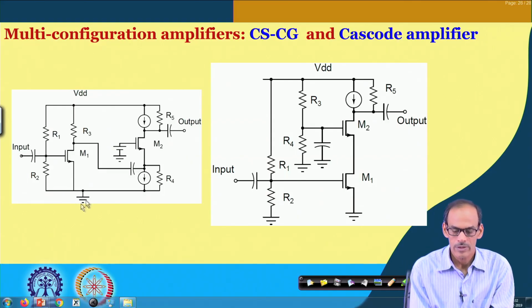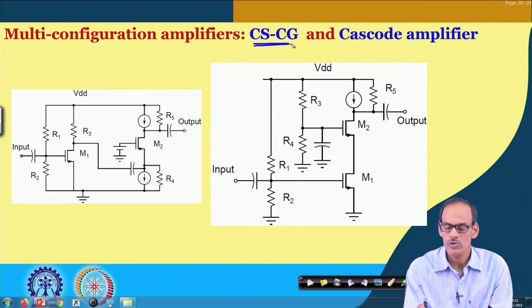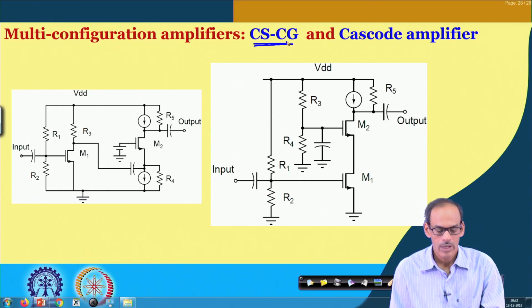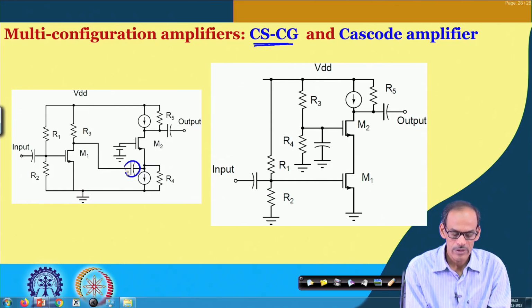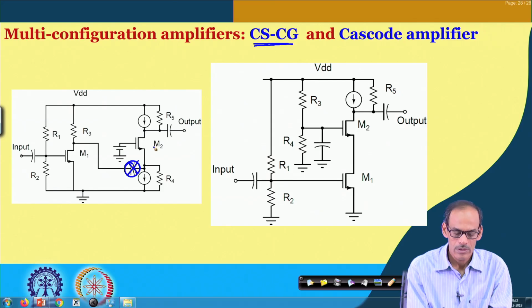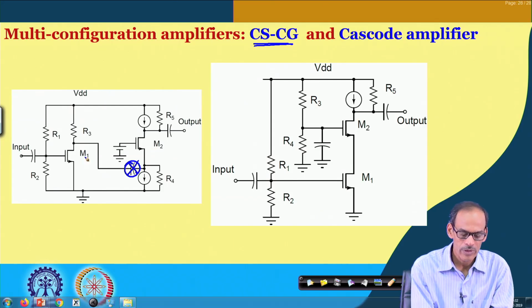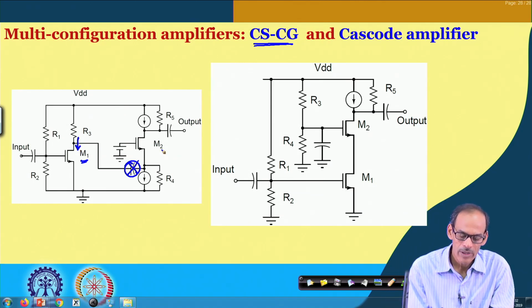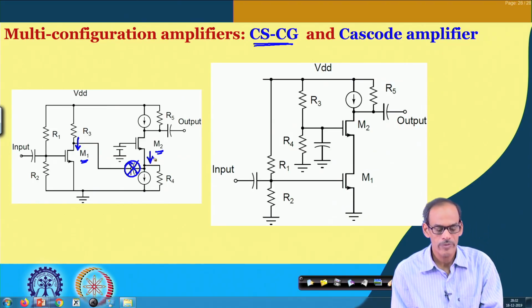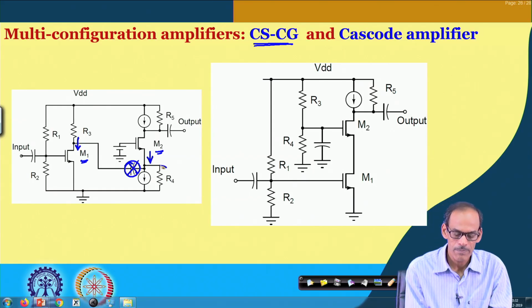We have the original common source followed by common gate, and as I said, if we remove this capacitor, then M1 requires some DC current to be supplied to its drain, and at the same time the source current of M2 needs to be consumed by some bias circuit.